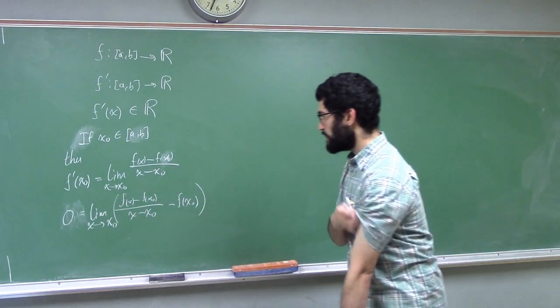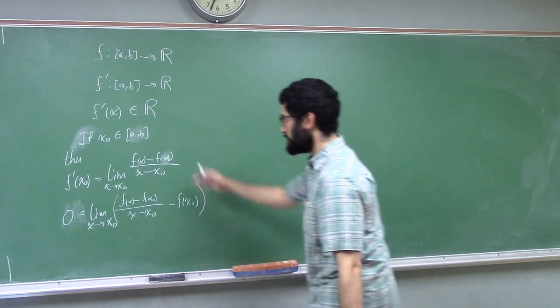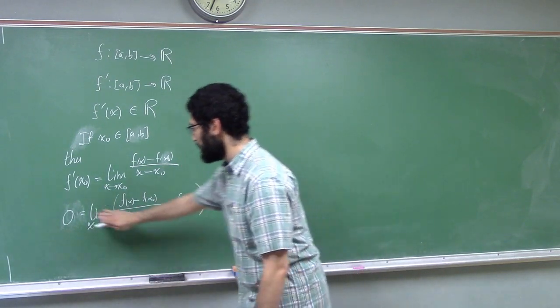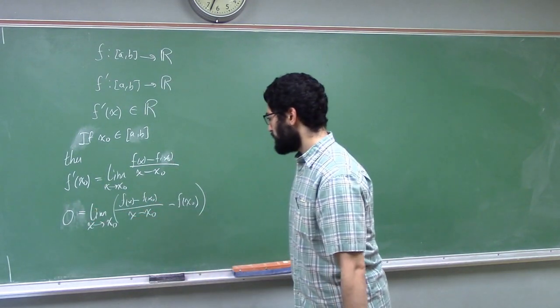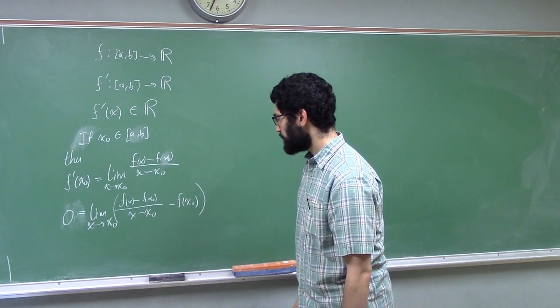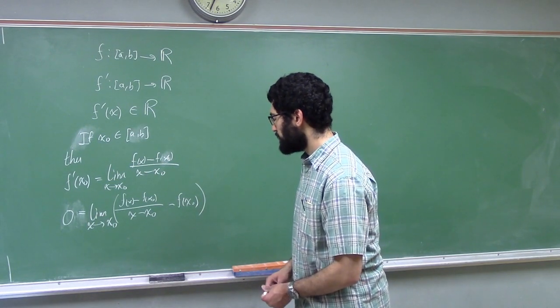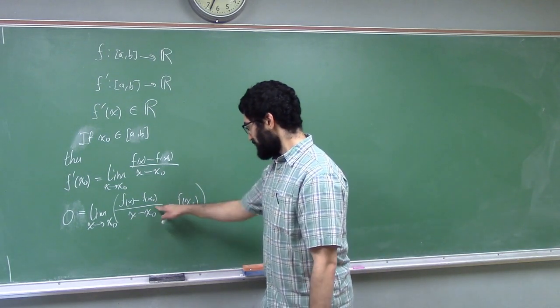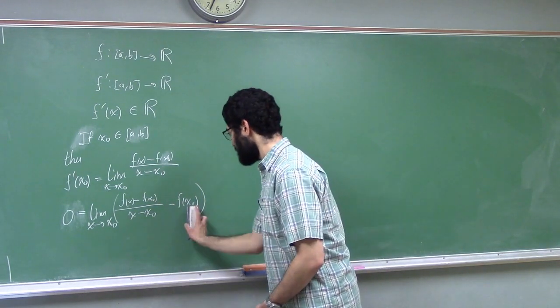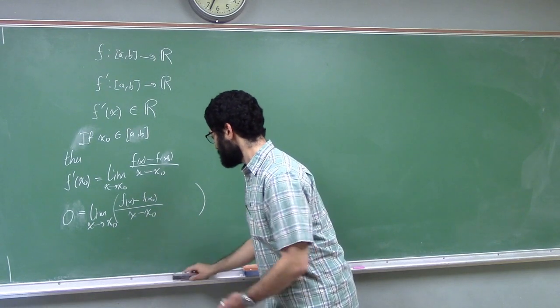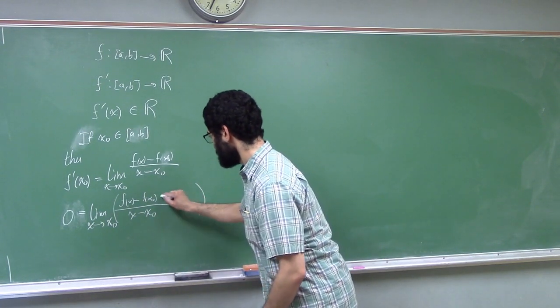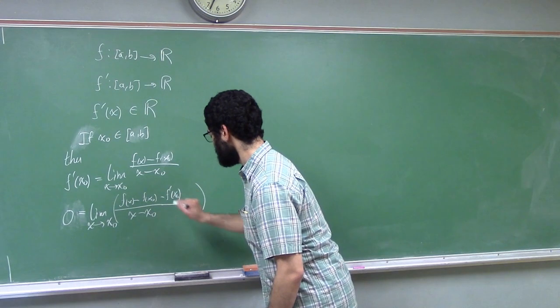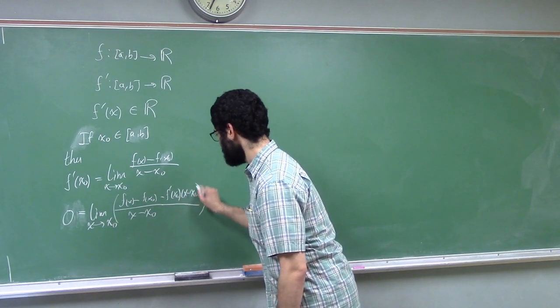It's just a constant, and as long as the limit exists, these things are the same. This is harmless. And I can also merge it into this fraction by doing this. Subtract f prime x naught times x minus x naught.